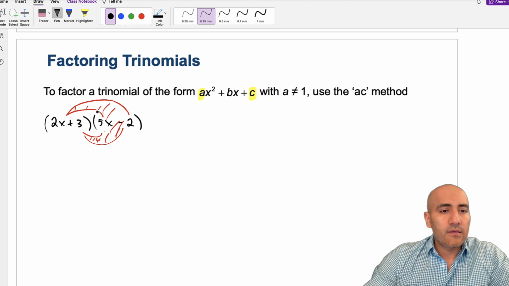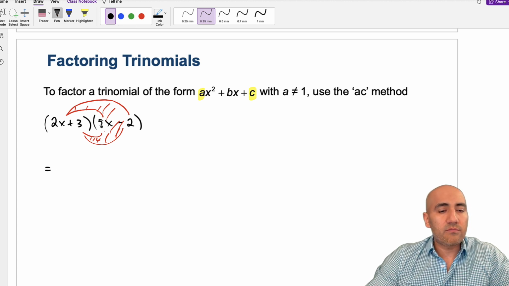So then this will result in 2x times 5x, that gives me 10x squared. Then this is a minus. So 2x times negative 2, that gives you minus 4x plus 15x minus 6.